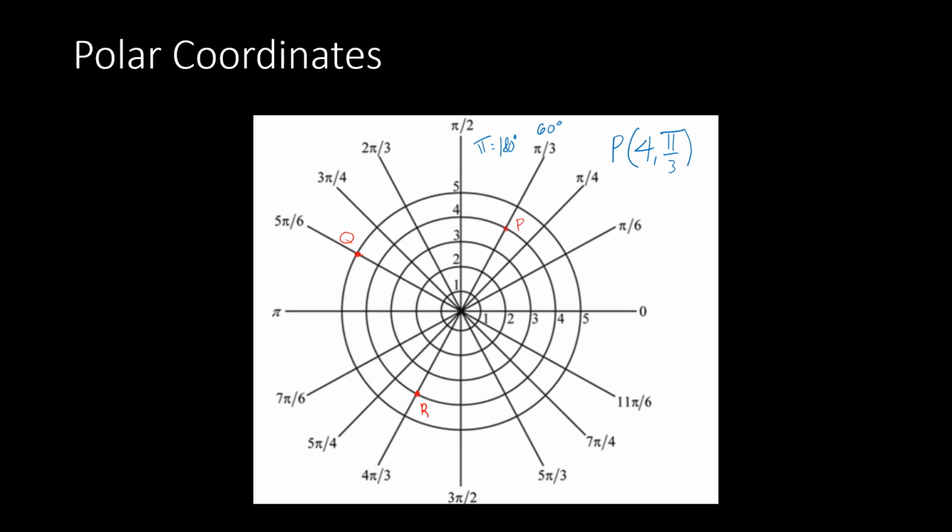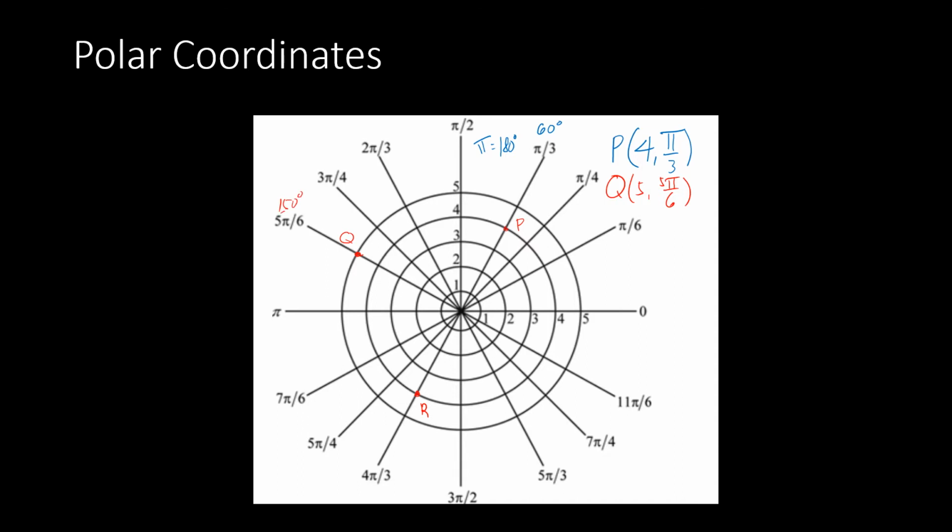Okay, let us now go to point Q. 1, 2, 3, 4, and 5 units, and the angle is 5 pi over 6. So Q is (5, 5 pi over 6), which is equal to 150 degrees.